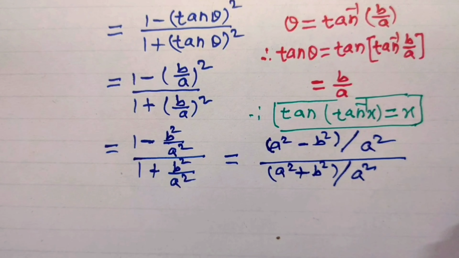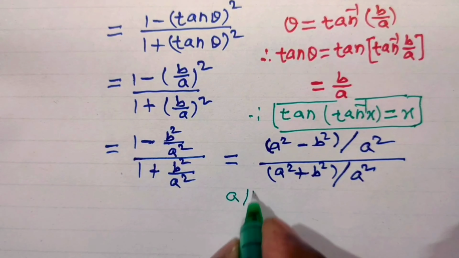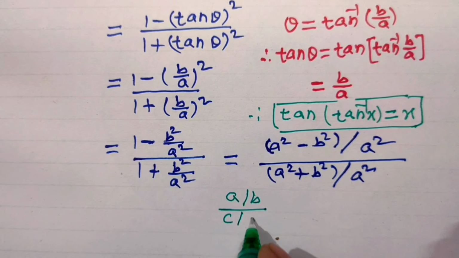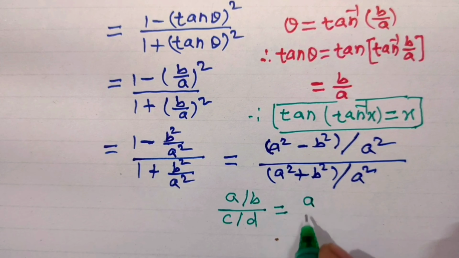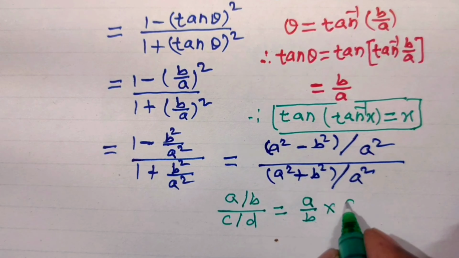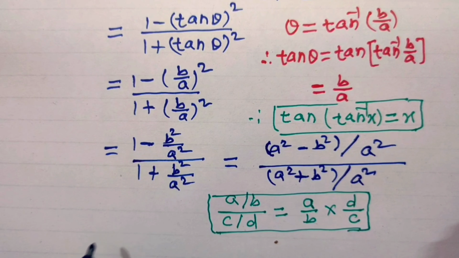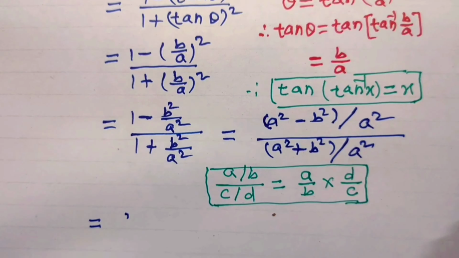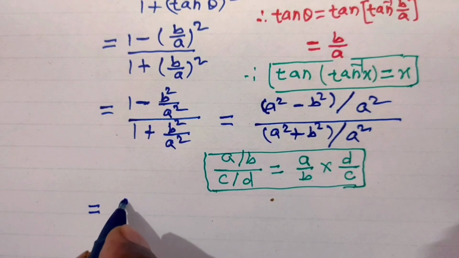Since a upon b divided by c upon d can be written as a upon b into d upon c, applying this property, we can write (a square minus b square) divided by a square, into a square divided by (a square plus b square).